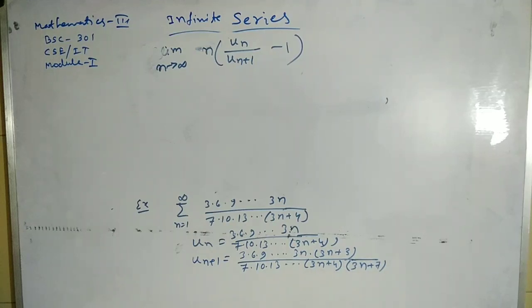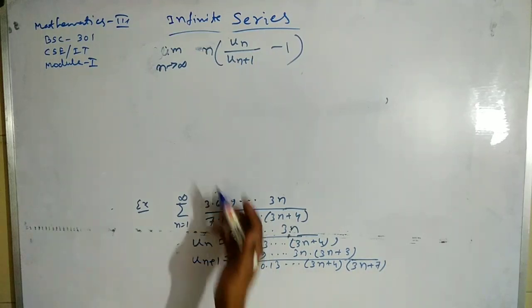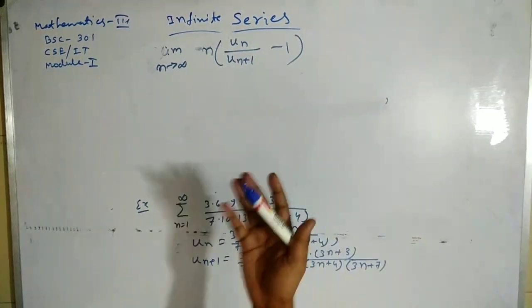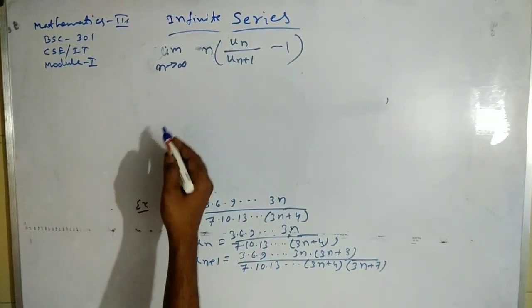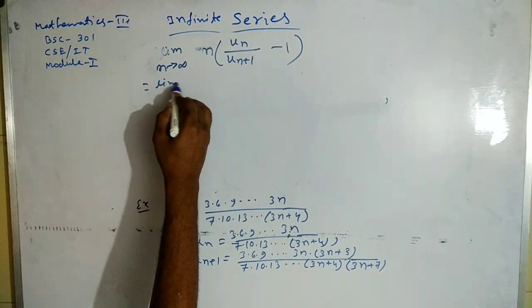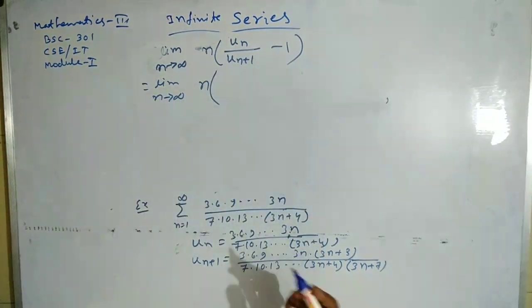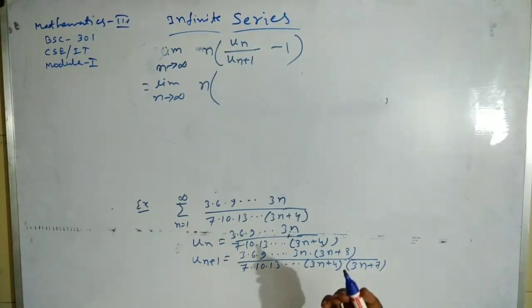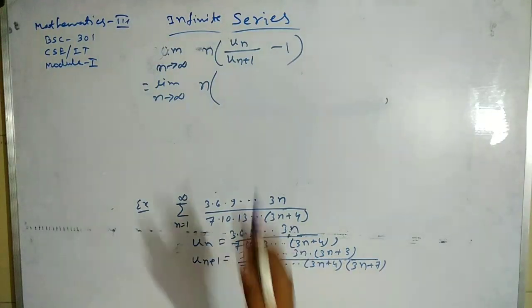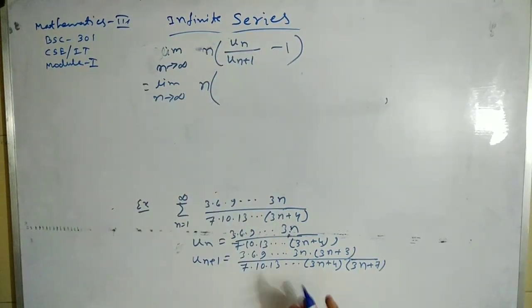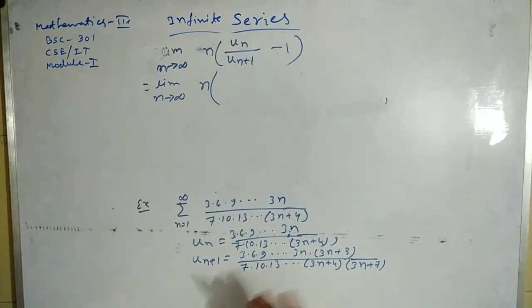Now I'll put the values of un and un plus 1 here. So this will be limit n tends to infinity of n into (un divided by un plus 1 minus 1). I am not writing the whole terms here, I just write by simplifying.